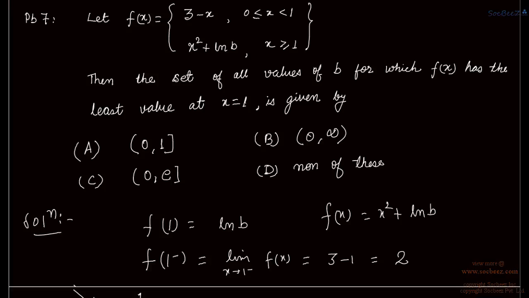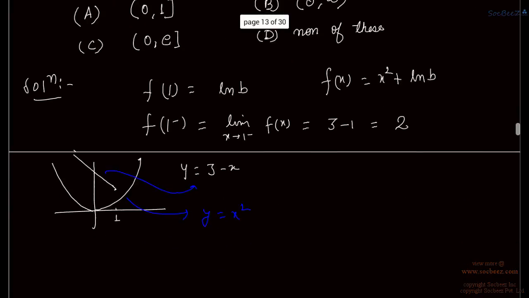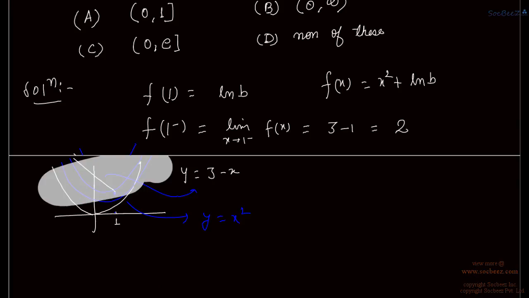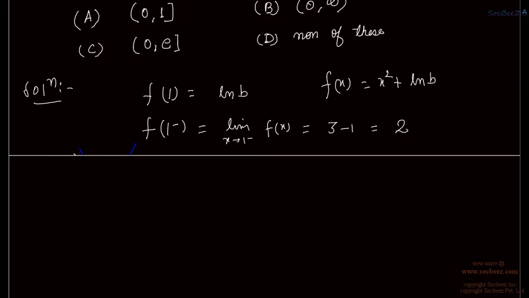Okay. So if we have this value at point x is equal to 1, at this point, if we have the curve which is something like this, say this curve, this curve, this curve. Okay, so let us draw in a more explanatory way.